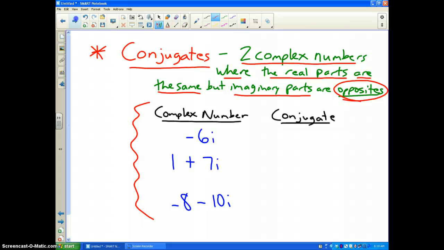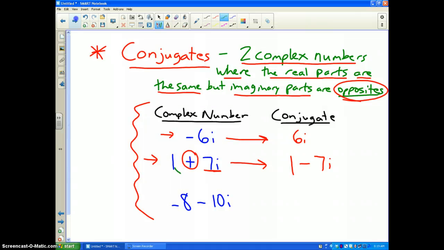If you have the complex number negative 6i, all you do is change its sign to get its conjugate. So the conjugate of negative 6i would be positive 6i. The conjugate of 1 plus 7i, all you do is you change that symbol in front of the imaginary part to get its conjugate. So its conjugate would be 1 minus 7i.